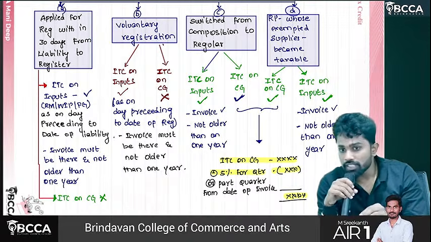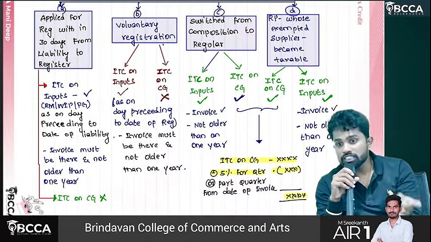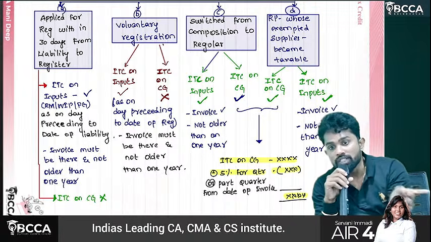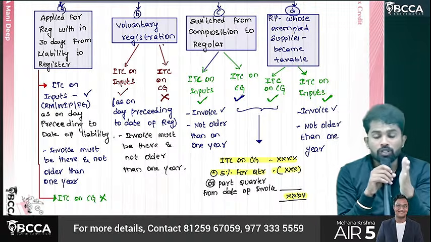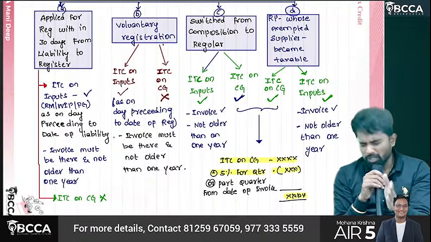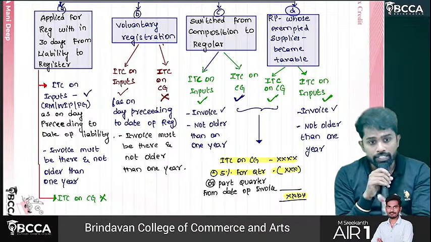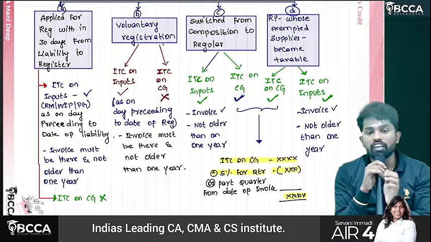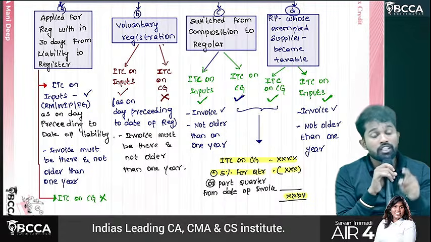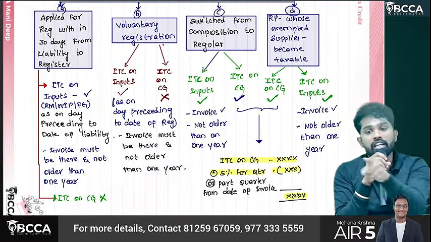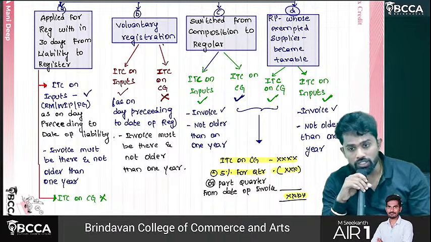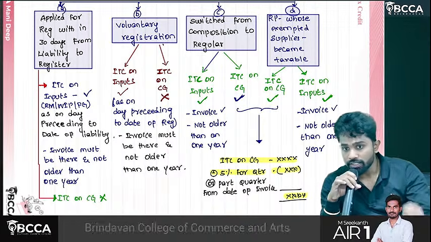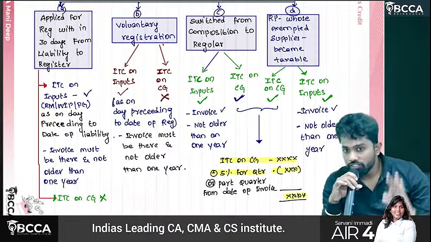That's why they are saying that once this person shifts from unregistered to registered, on the preceding day to date of liability, whatever is the closing stock, related to that closing stock he can avail ITC. It may be in raw material stage, work in progress stage, or finished goods stage.